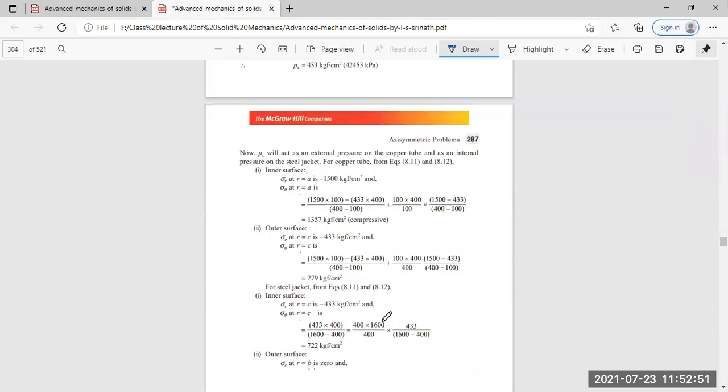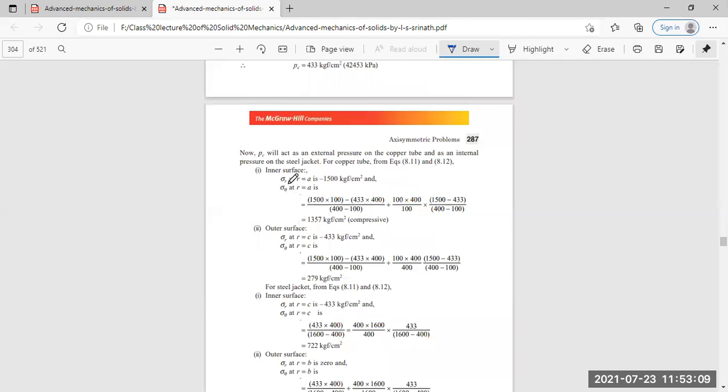Now what will happen? This PC will act as an external pressure on the inner copper tube and as an internal pressure on the steel jacket. So we are using equations 11 and 12, which were also discussed.